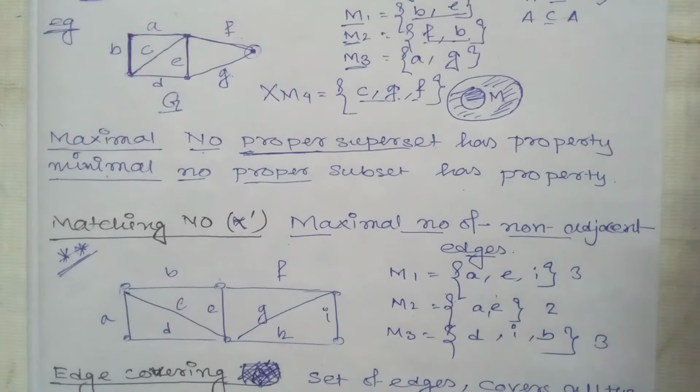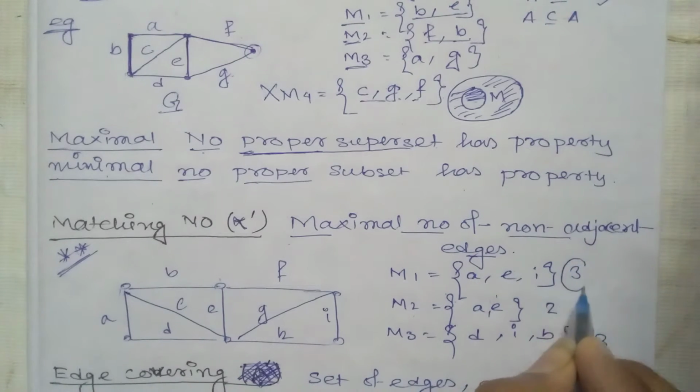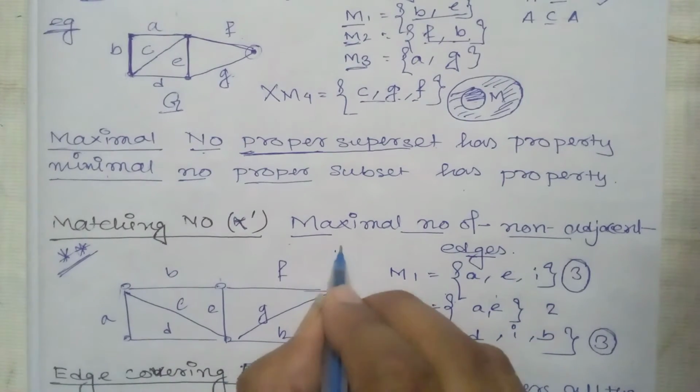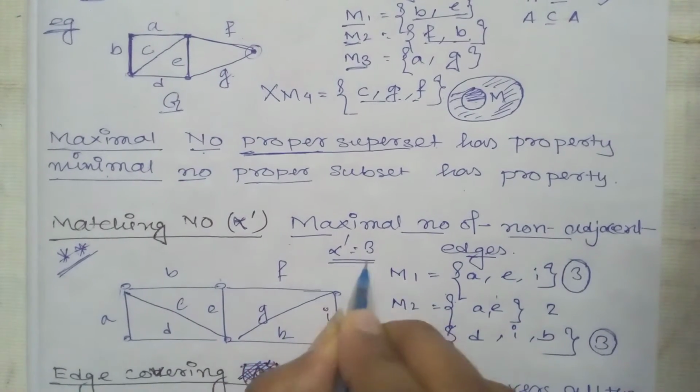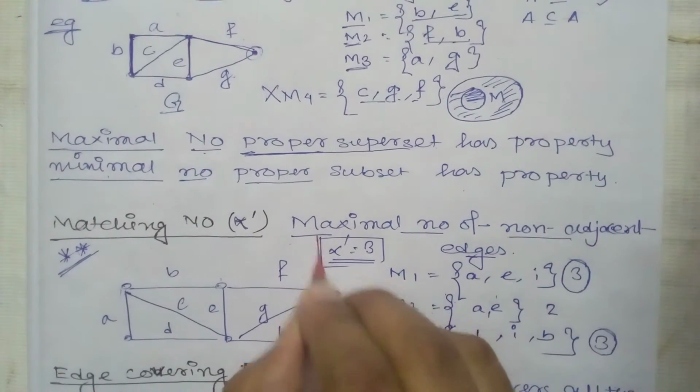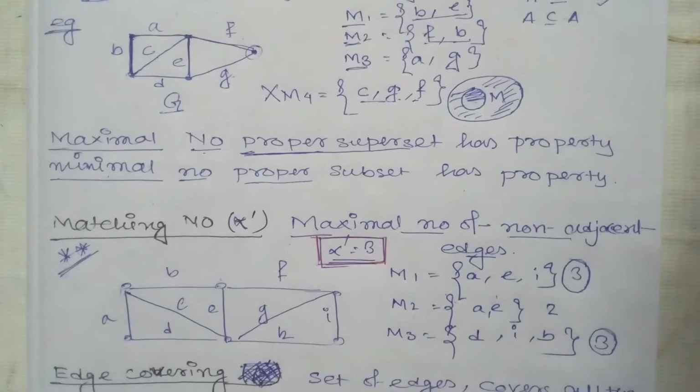You can try every possible choice, and the maximum we get is 3. So for this graph alpha dash is equal to 3. I think you have understood this point.